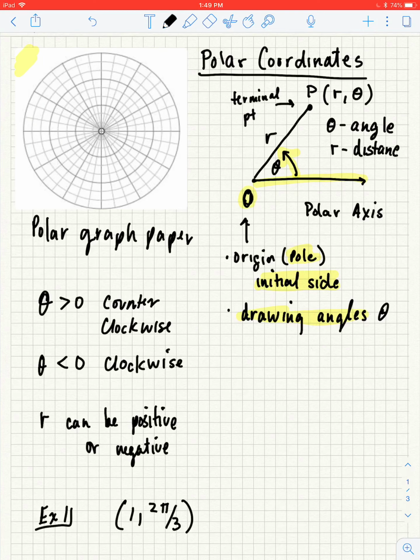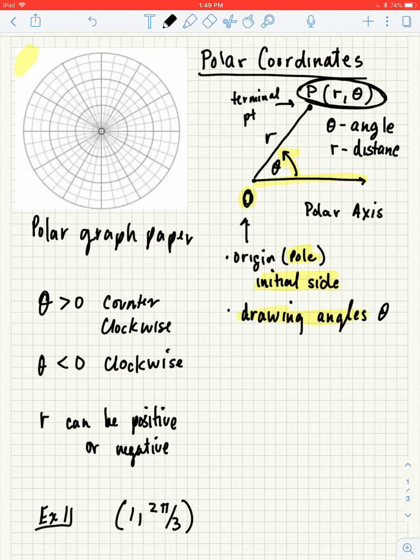Now instead of writing things as x, y, we write them as r's and thetas. For any angle that we want, we're going to have a terminal point, meaning a distance.